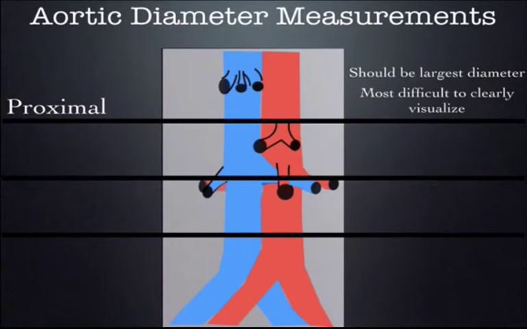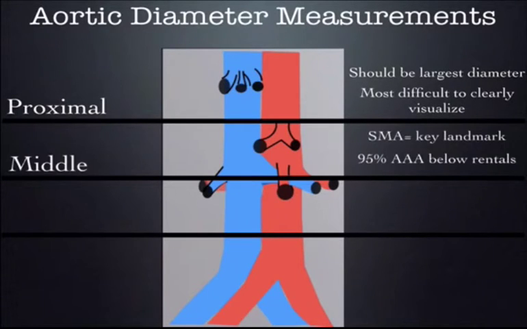Remember I said earlier that you can actually have a 3.9 centimeter proximal aorta and that be normal in the male patient. The middle segment, the key landmark for the middle segment is going to be the superior mesenteric artery. Once you identify the superior mesenteric artery, you know that you're immediately above the renal arteries.